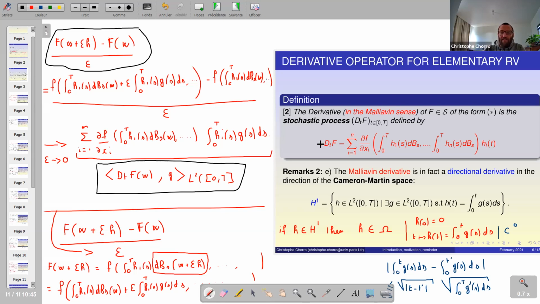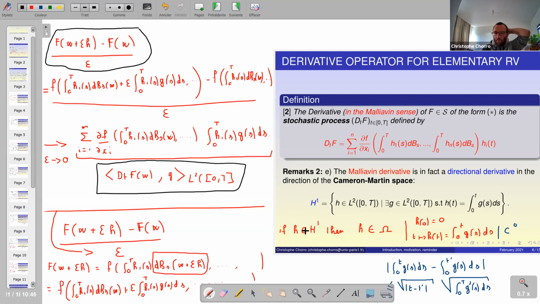So there is a nice interpretation of this relation that I have imposed in the definition 2, but you can see it according to my relation here between the limits: Dt of F can be seen as the directional gradient of capital F in the direction of h, and it holds for all the h belonging to H1. Keep in mind that the fact that h belongs to H1 is mandatory in order to be able to write this expression, exactly what I explained in the previous slide.